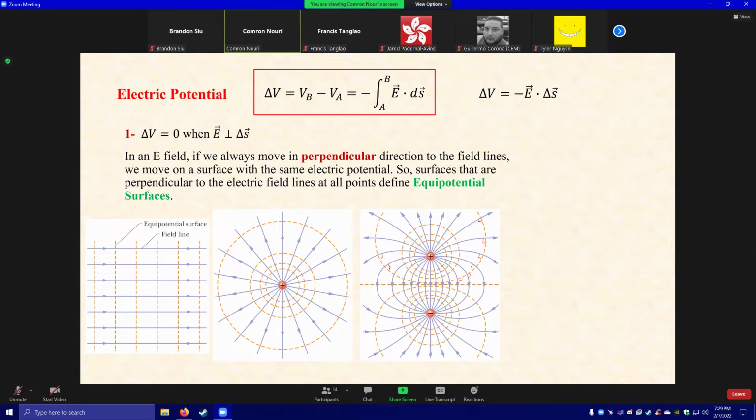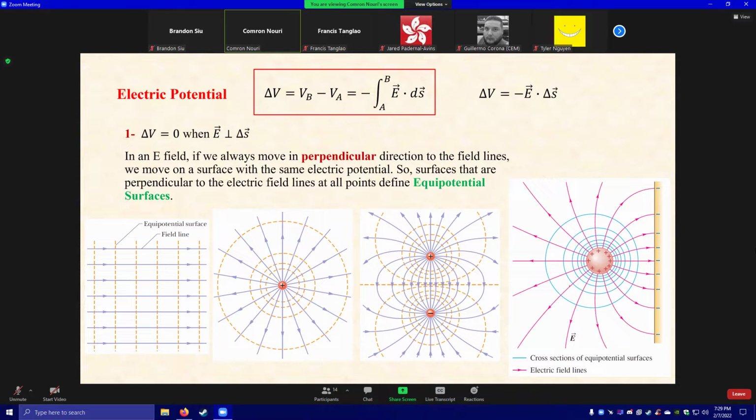At any point, every equipotential surface is perpendicular to every field line. And this is another case. This is the same as the dot and the line. Remember the equipotential lines you saw when you go close to the surface, it becomes like that.